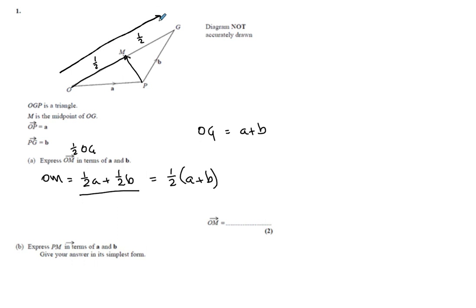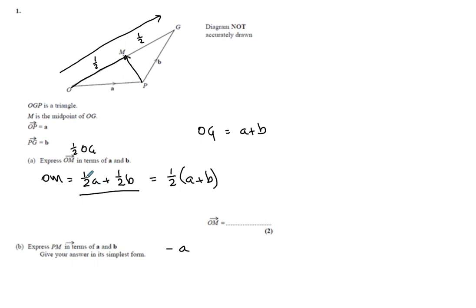So we went OG. So to go from P to M, we're not going to go that way, we're going to go that way. So we're going to go minus A, and then we're going to take OM. Oh, we don't even have to find OG because we've already got OM.